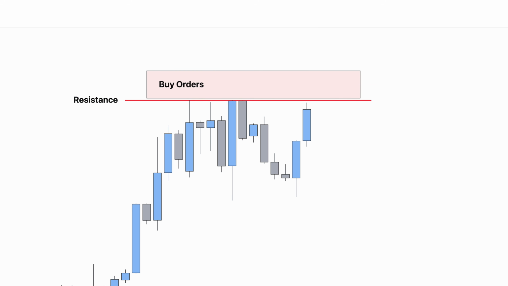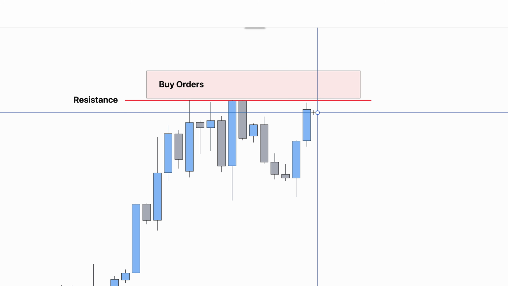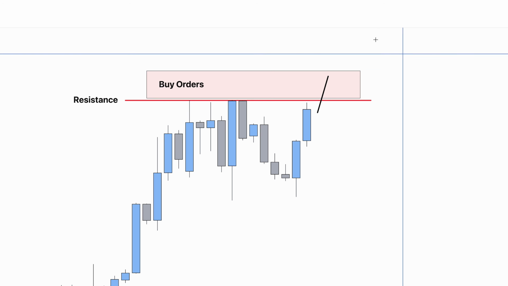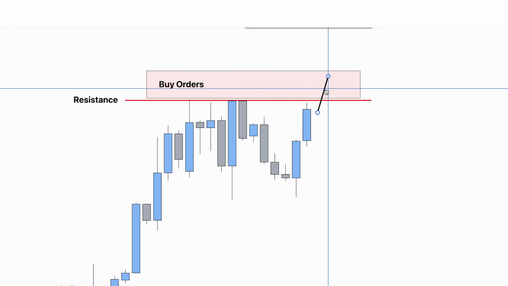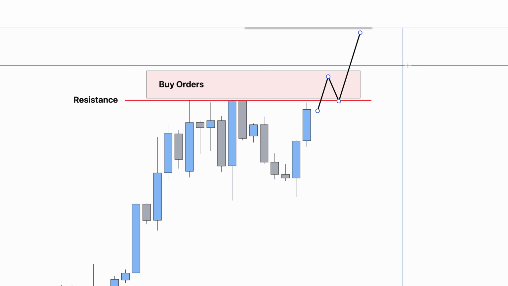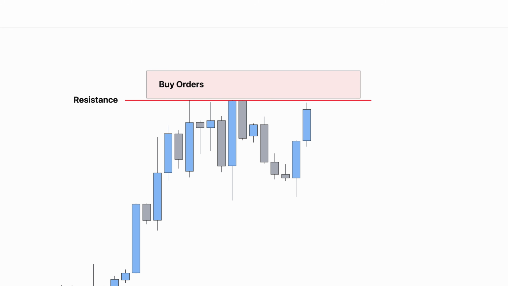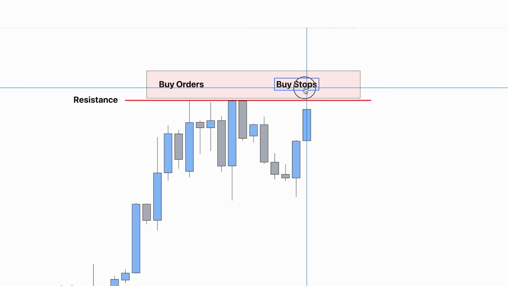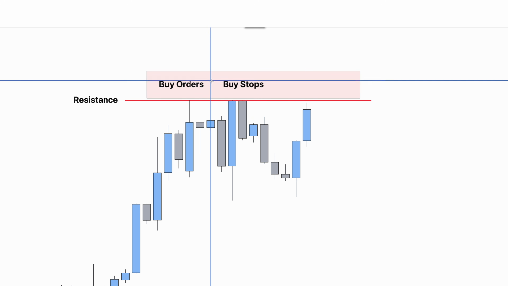That essentially means that if the market gets into this range, there's going to be a lot of buy orders waiting for someone to take the other side if they want to. The other way of trading this, as we've covered, is going to be through break retests. So as well as the buy orders in the form of stop losses, we have buy stops, which are orders that will automatically trigger a buy if the market pushes through this level. So now we have buy stop liquidity and we have buy order liquidity.